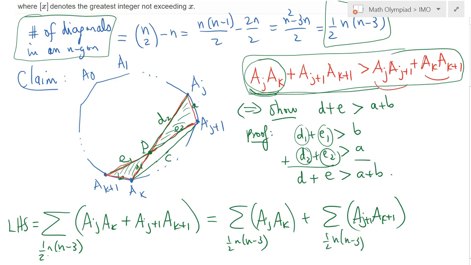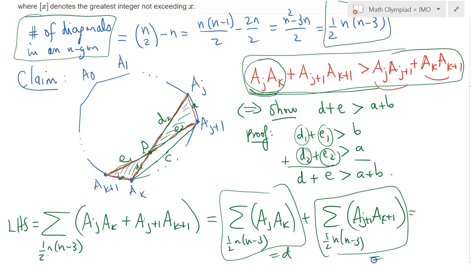So all that we do is we add all the diagonals twice, right? Does that make sense? Because the sum of all the diagonals is simply D, and the sum of all the diagonals repeatedly, that's D again. So that's 2D. On the left hand side, each diagonal appears 2 times. Now how about the right hand side?